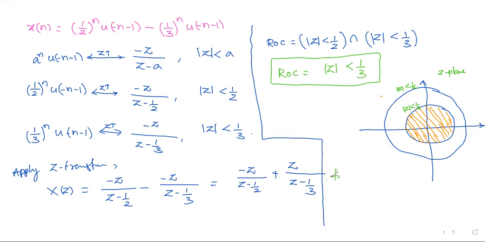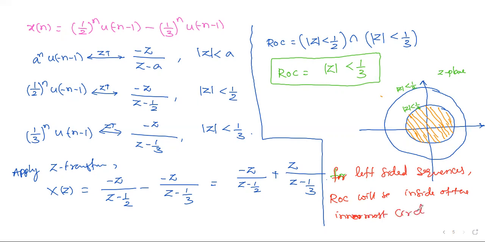ROC for left-sided sequences: both are left-sided. Then the ROC will be inside of the innermost circle.